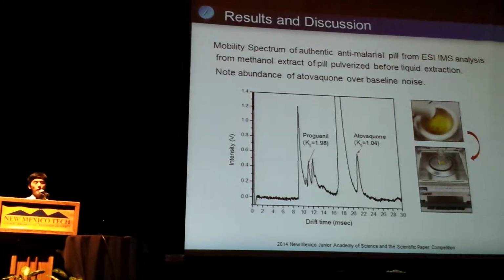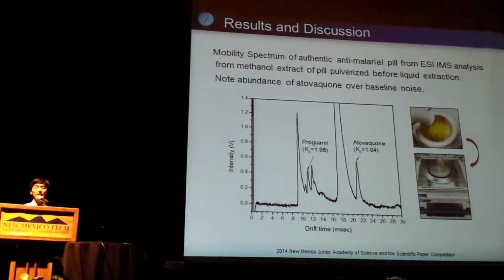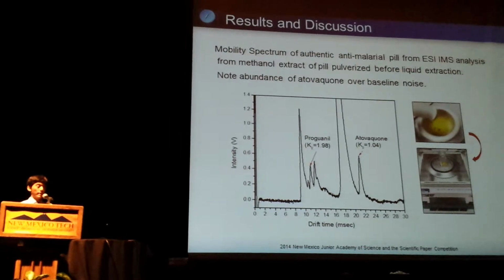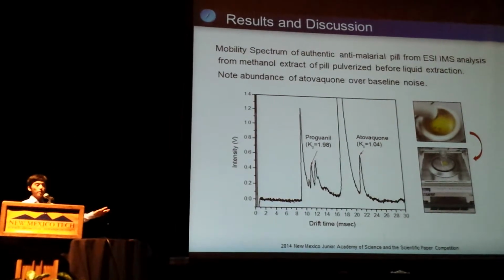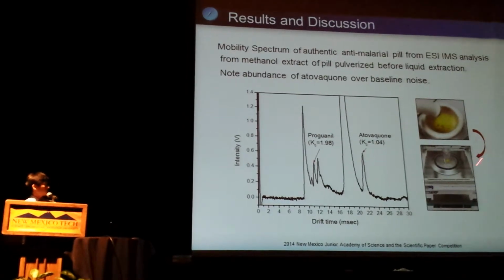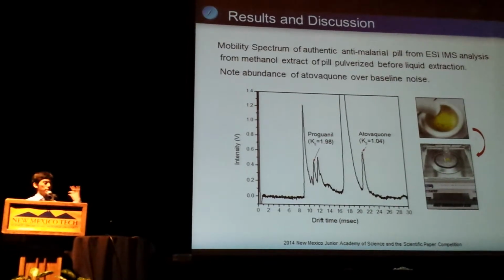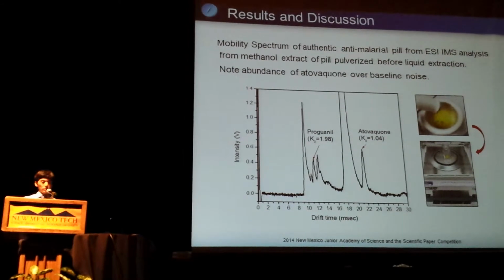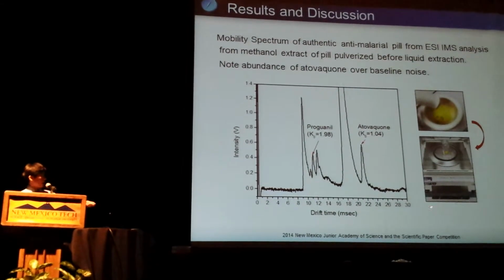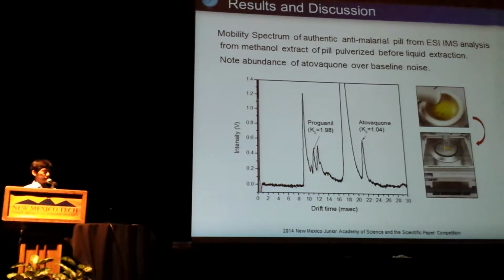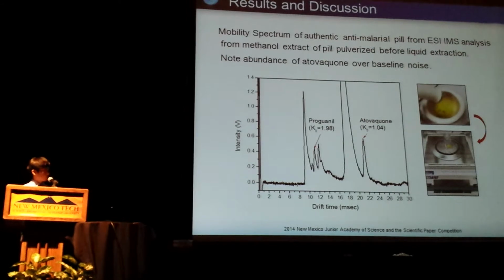I moved on to another method, ESI-IMS, which is just called electrospray ionization. This takes out the laser, but instead I had to crush the tablets and put them into the solvent that the syringe was spraying. Even though there's no laser, I was able to ionize these by the high voltage from the electrospray and just directly spray it into the drift tube.